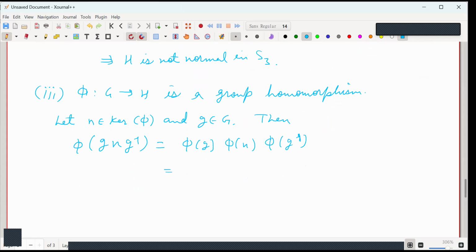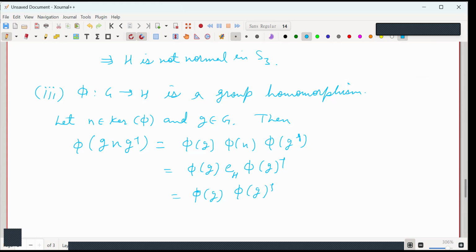This phi of g is okay. This phi of n is the identity of H, right? And this is phi g whole inverse. This is the identity, so we can just get rid of it. Phi of g is the same as phi of g times e_H, and then you have this.